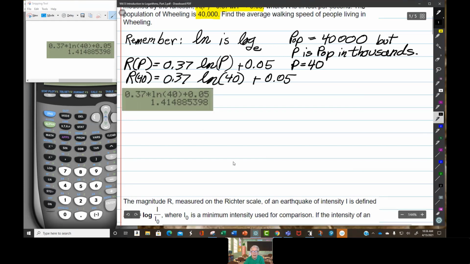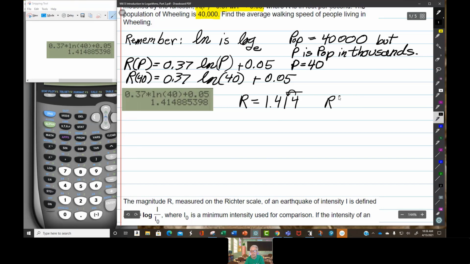Right, so here we are, and I didn't put it in here, but I believe we round to 2 decimal places, and so the walking speed is going to be 1.41 with a 4 after it, but that 4 does not cause the 1 to go up to a 2 because it's too low. The number here has to be 5 or more to make that 1 go up to a 2.